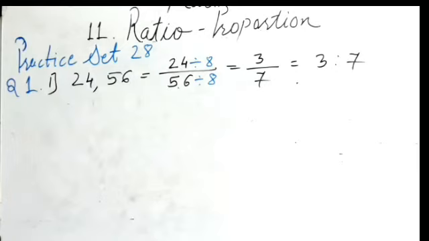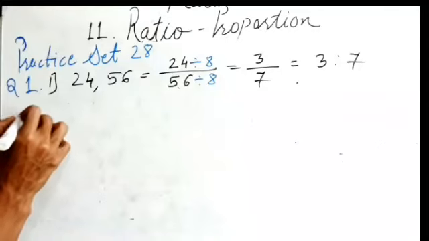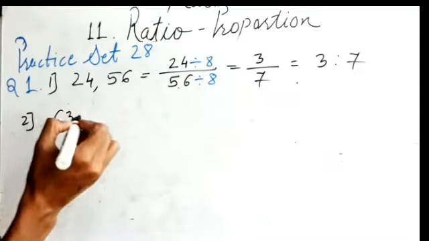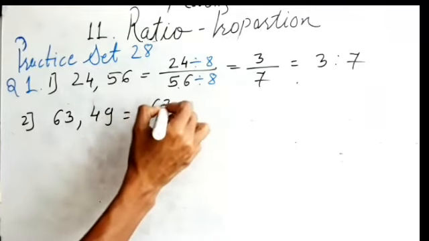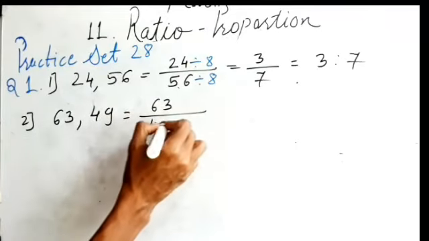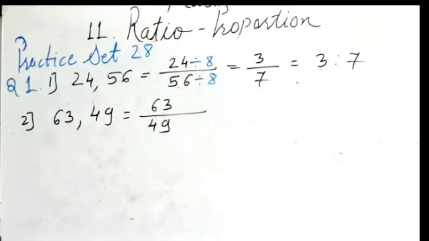Okay, second example, I will take one more example, 63 and 49. So what I have to do? First number to the second number. So 63 and 49, they are in which table? Yes, 7.